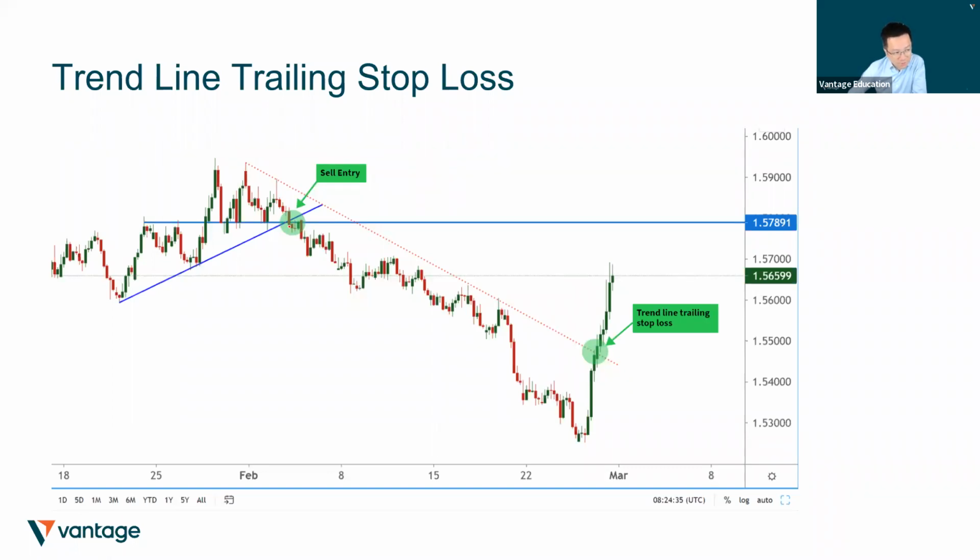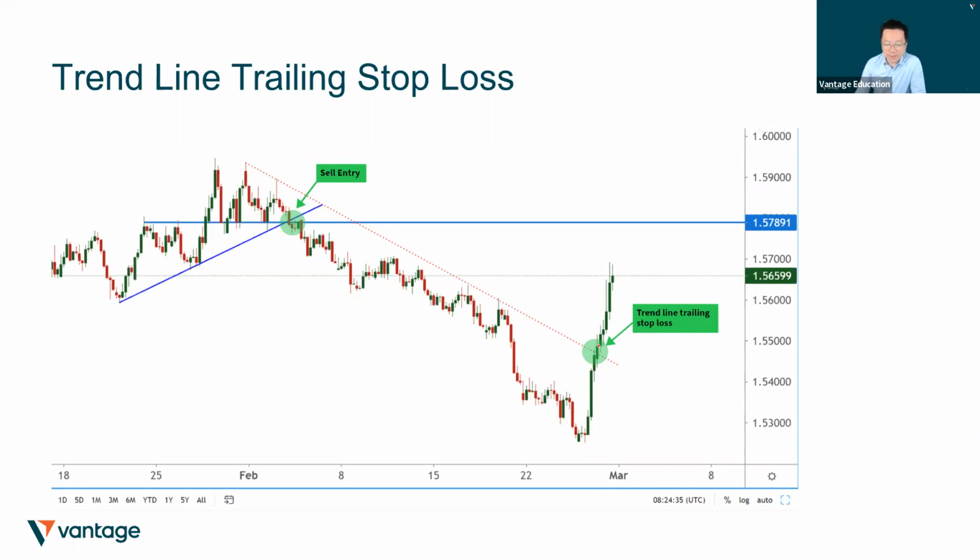Again, same thing based on the same example. We entered a sell there, stop loss up there, take profit way down at the 1.5 level. Once it breaks, you can have that trend line again. Your stop loss will follow just above that trend line, and once price breaks over that trend line, you get stopped out.